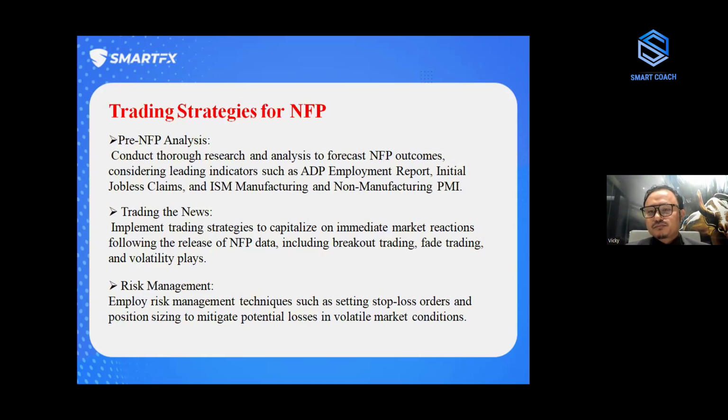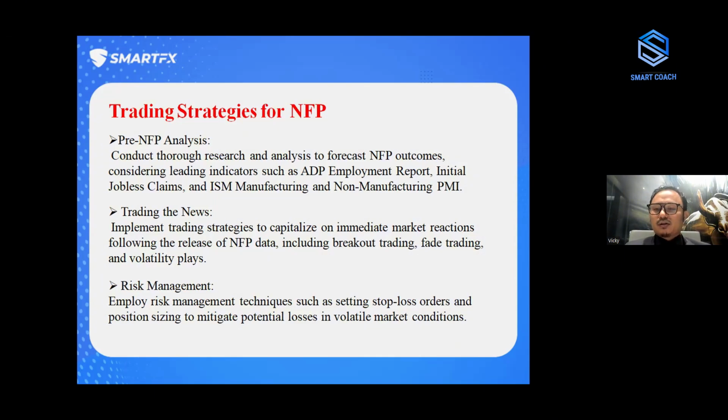If the NFP is positive, you can sell euro dollar, put the money in the dollar index, and buy the dollar index. That's exactly it. So eventually, the outcome will be according to your expectations.